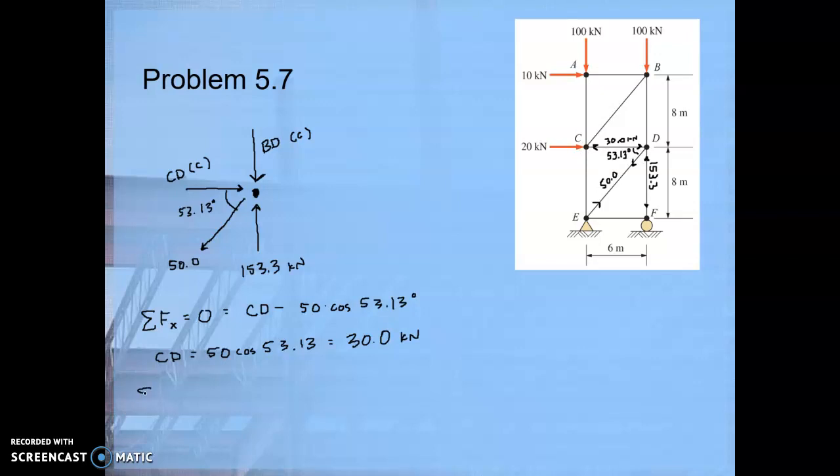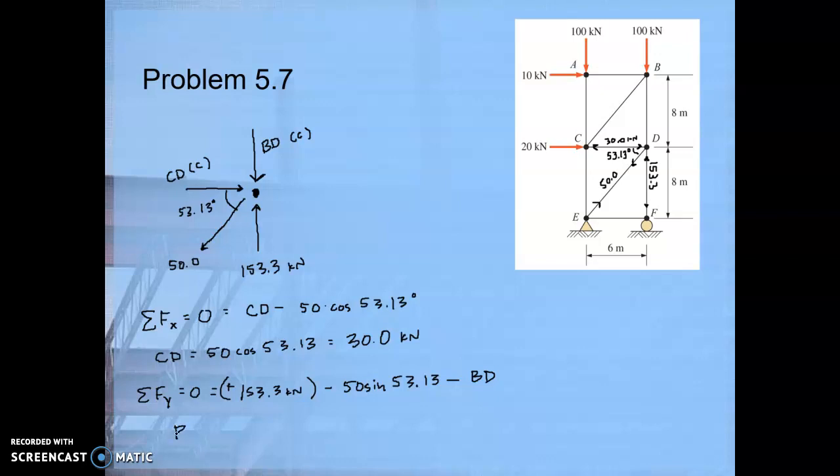Next, we can sum the forces in the y direction. That will equal 0. And the forces in the y direction include our positive 153.3 kilonewton force, which is coming from member DF. We have the vertical component of 50 sine of 53.13 degrees pulling down in tension, and then we have pushing down member BD.